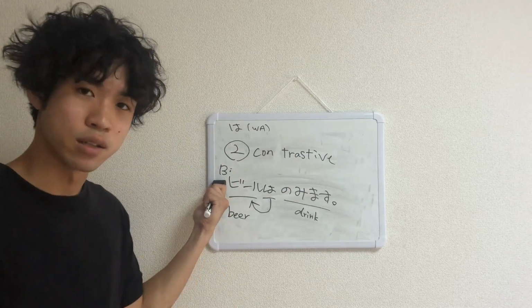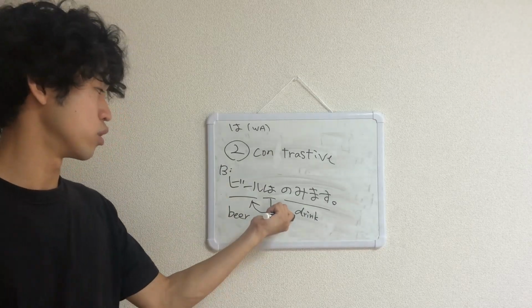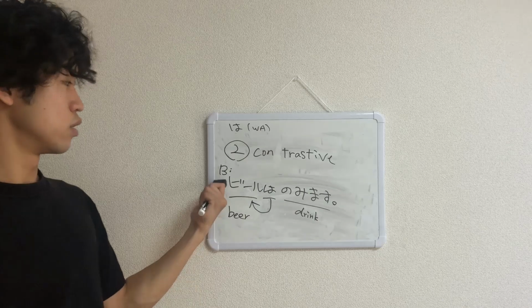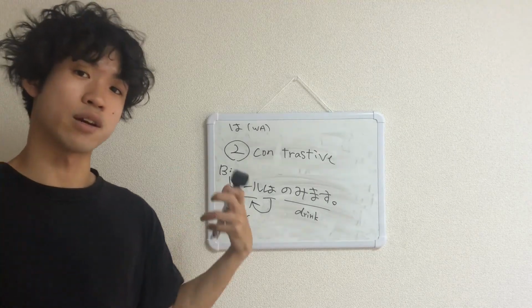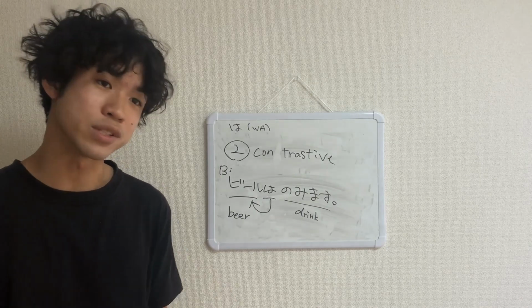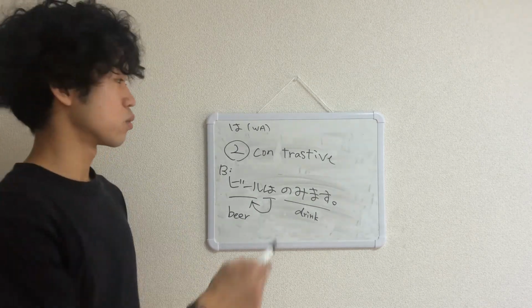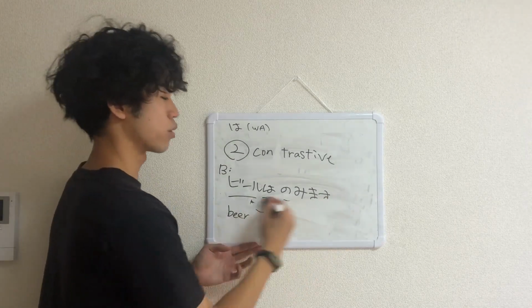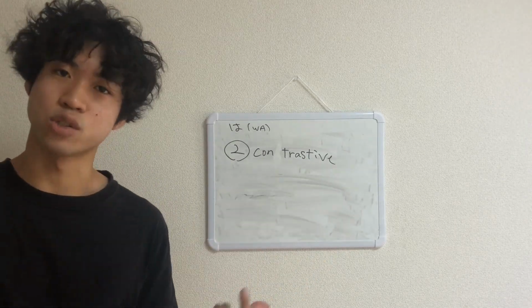What does B mean by that? B is saying that he drinks beer, but not other drinks. Okay? So it is most likely that B doesn't like alcohol in general, but he drinks beer. Not wine, not whiskey, or anything like that. That's what I mean by contrast. Contrastive. Let's do another example. テニスはします.